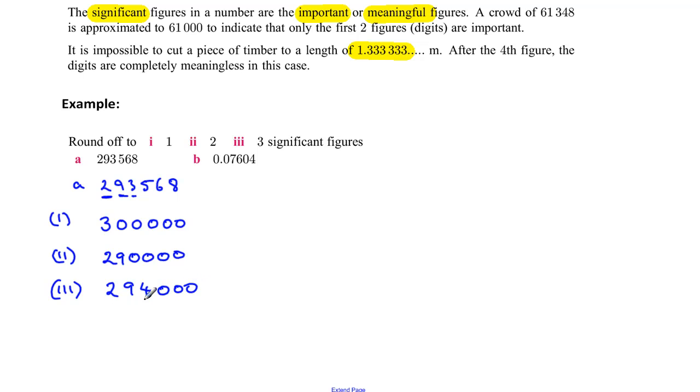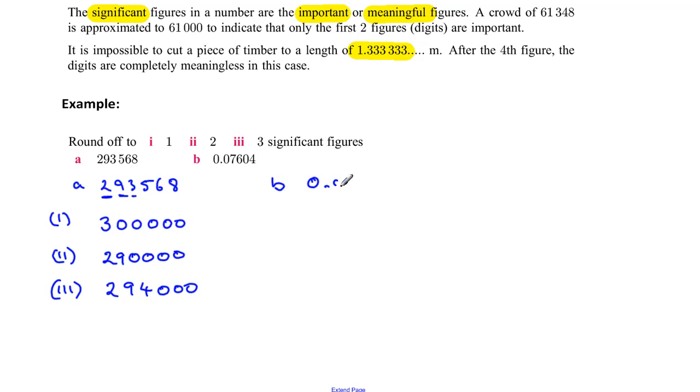So this is down now to 3 significant figures. 1, 2, 3 significant figures. Still the same number of places, but if it's not an actual number other than 0, all the other numbers become 0. They're basically placeholders. What happens when we've got a decimal?